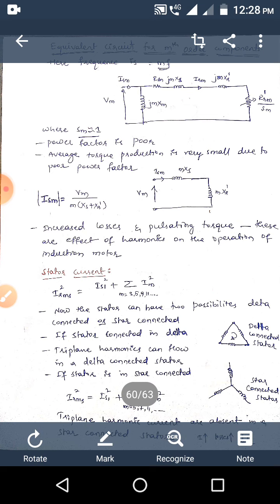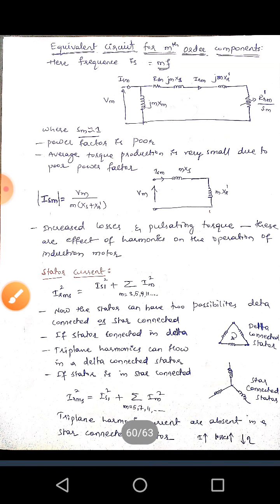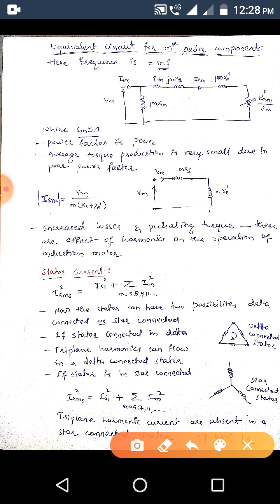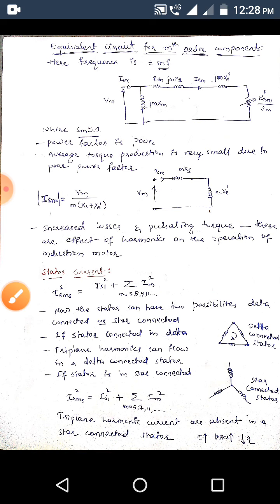The current in the harmonics exists as: IRMS square is equal to IS1 square, where IS1 is the first stator current, plus the summation of the harmonics, that is third harmonic, fifth harmonic, ninth harmonic, 11th harmonic and so on, into IM whole square.